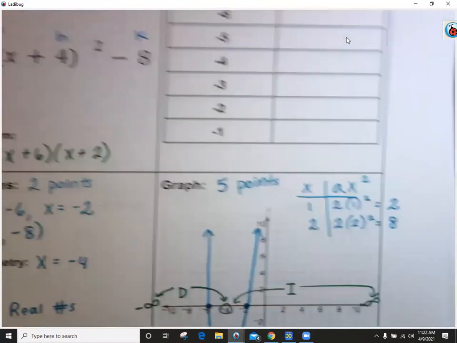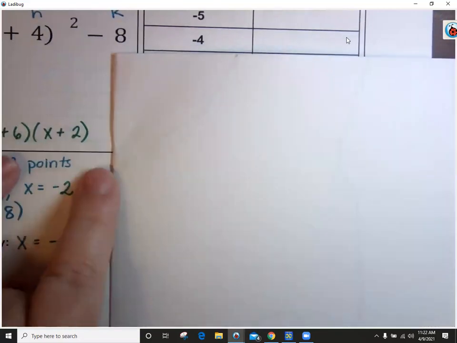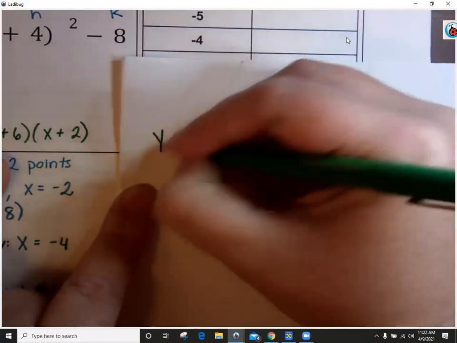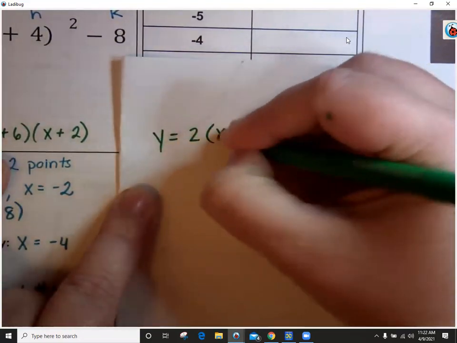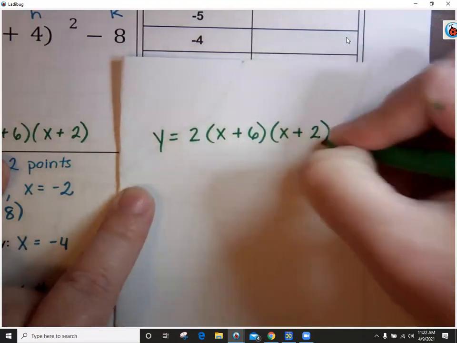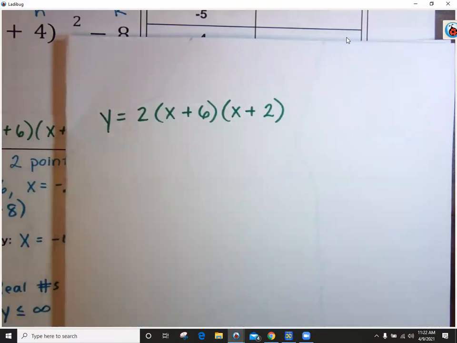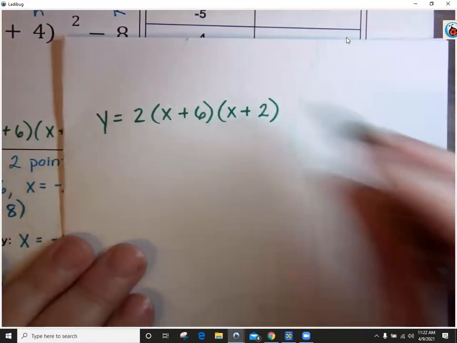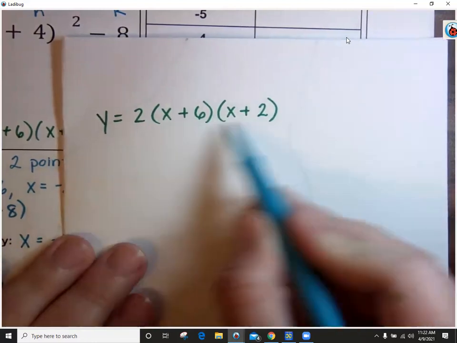So for me, the easiest one to convert is intercept form. And so our intercept form looked like this. And so to convert that thing to standard form, we would multiply these two binomials together.